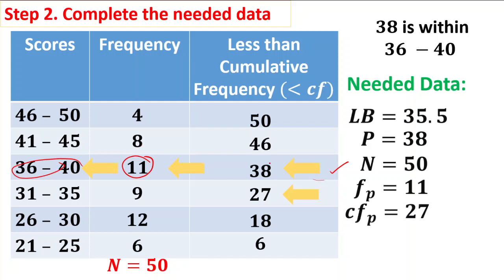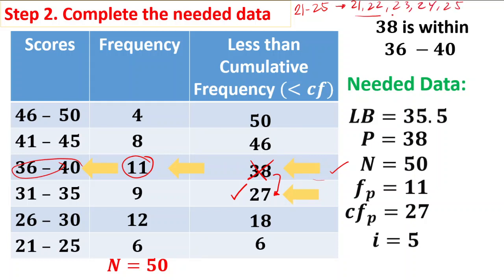And then next is the cumulative frequency before. So, hindi natin gagamitin yung 38, pero gagamitin natin 27 kasi we're looking for the less than cumulative frequency before. Bago yung 38, ano yon? Okay, that is 27. Next, class interval is 5. Paano ulit nakuha yung 5? Say 21 to 25: 21, 22, 23, 24, 25.